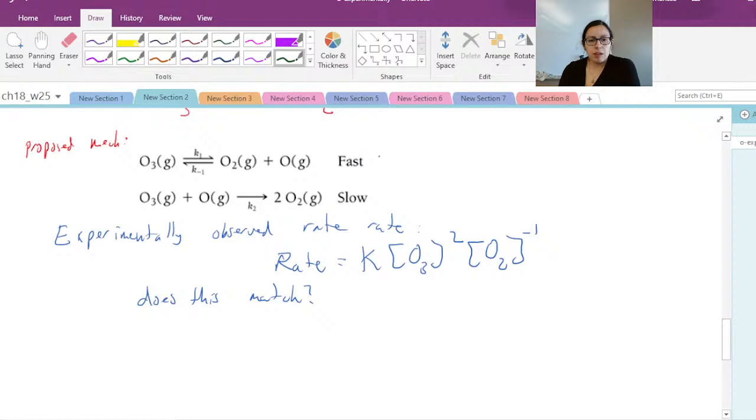Yeah, K1 concentration O3 equals K negative 1 concentration O2 concentration of oxygen. Excellent. So this is, right, perfect.